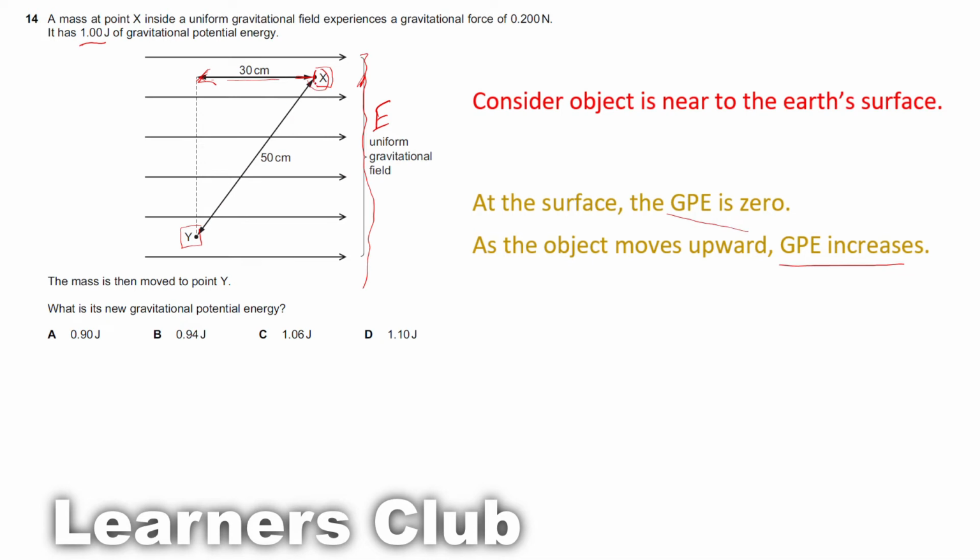So you're not supposed to take 50 centimeter, you will be taking 30 centimeter as the gain in the height. So gravitational potential energy at Y is equal to gravitational potential energy at X plus gain in the gravitational potential energy from X to Y.